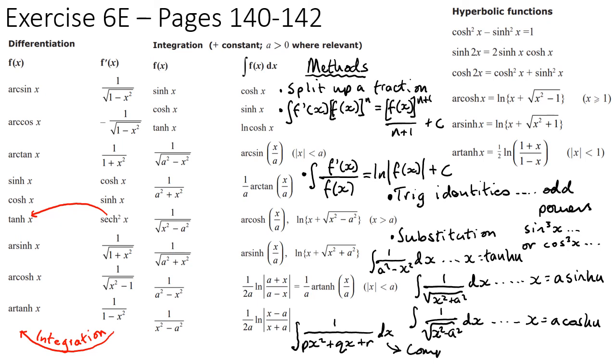So I think that now completes all of the methods, and there may be methods that you learn from Pure 2 as well. So just be aware that you may get integration by parts. So it could be any one of those multiple methods that we use where we solve these integrations that involve these hyperbolic functions.